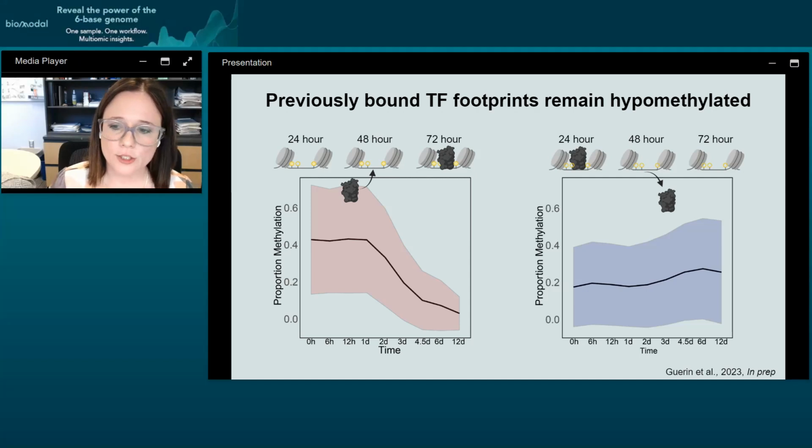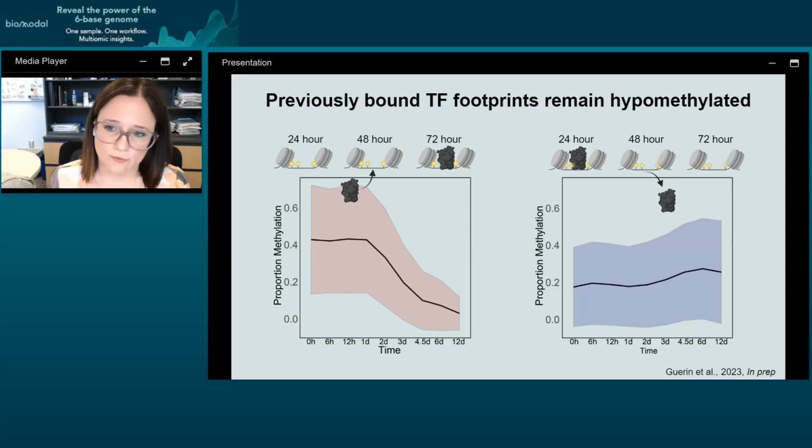And if we look at all transcription factor footprints that we are able to determine, and look at transcription factor footprints that are either gained at a specific time point or lost at a specific time point, what we see is that, not surprisingly, when transcription factor footprints are gained at a specific time point, this is followed by loss of methylation.